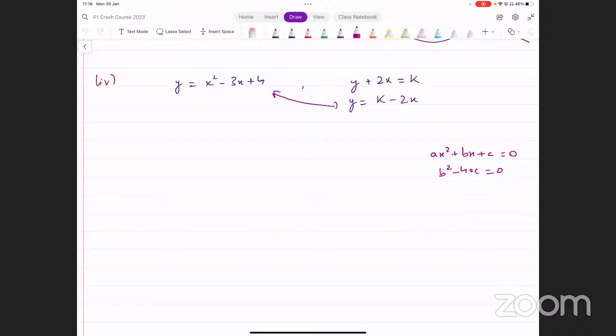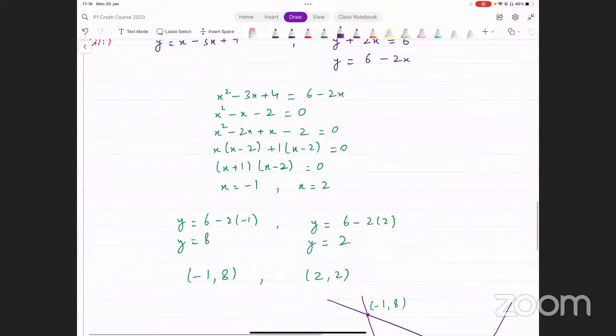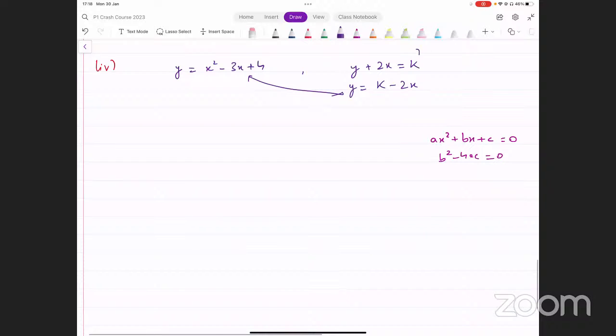We solve them simultaneously like we usually do. So we first put them equal to each other. That's how we start. We did this in the previous part, but there we had to find the coordinates. Here we can't find the coordinates because we have a k here. So we just equate them. We start with that process of finding the points of intersection.